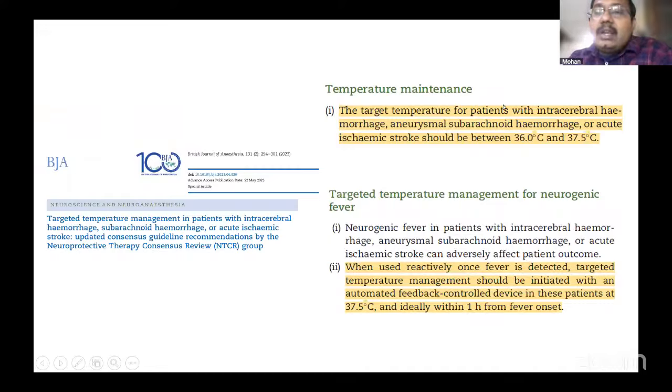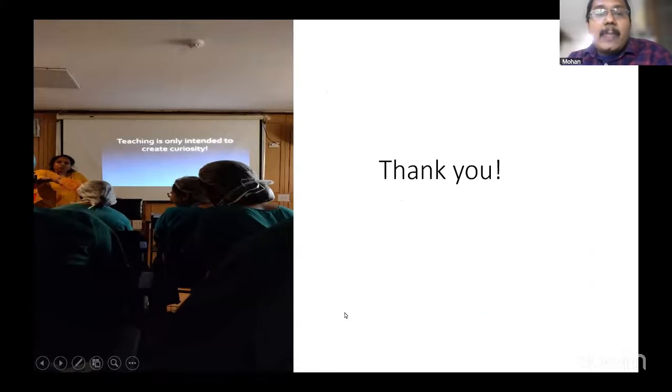In these patients, they suggest we should be maintaining temperature between 36 to 37.5 degrees centigrade. And when fever comes, within 1 hour of fever onset, we need to use active cooling measures to bring the temperature back to less than 37.5 degrees centigrade.